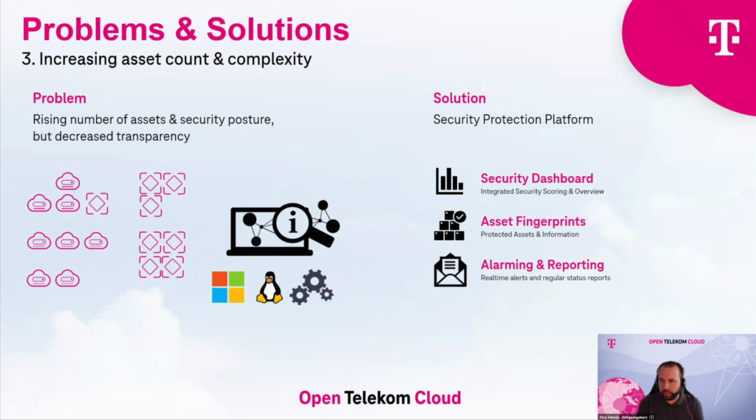What do they have for software installed? Maybe open ports, users, whatever. And last but not least, alarming. So when something happens, you want to be informed. Also reporting, that means time over time, maybe on a regular time, like once a month, once a week. You want to get some status. Has my environment increased from security point of view?